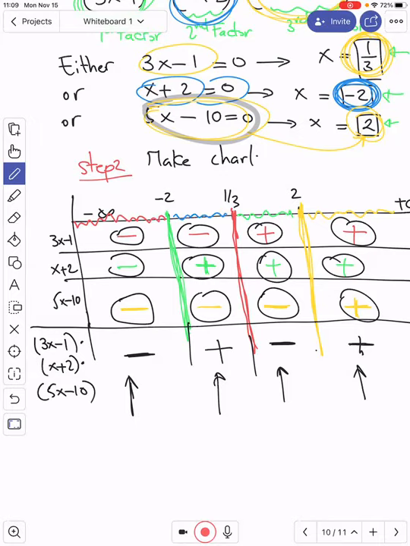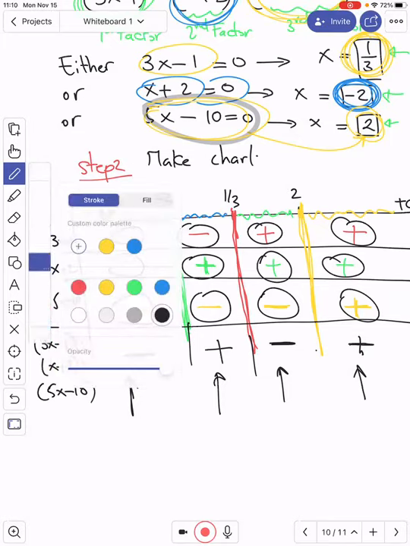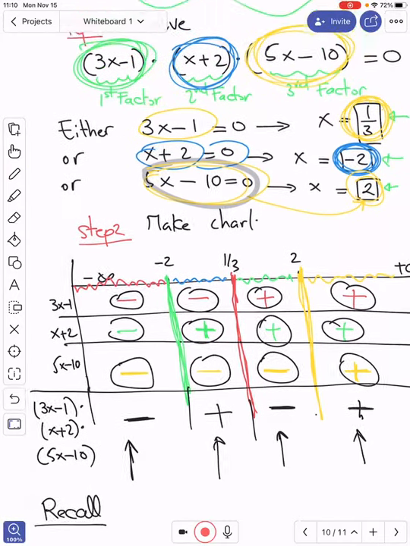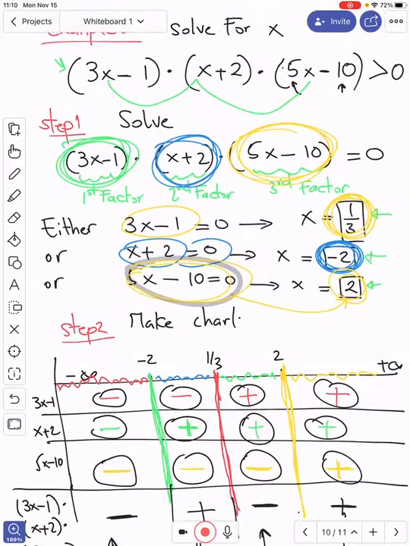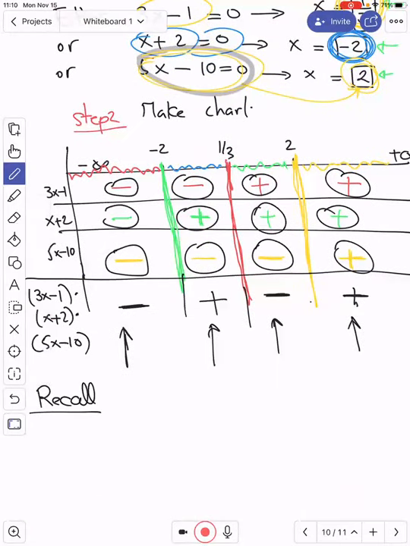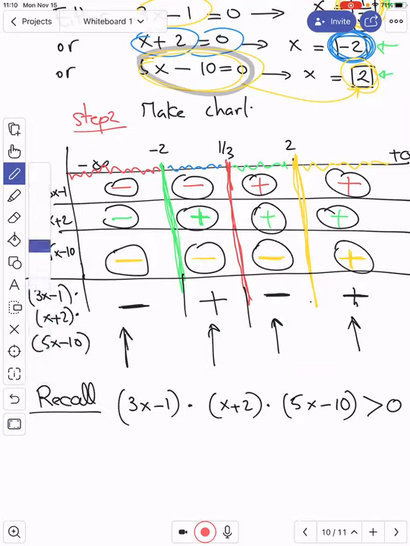Right? And then, just to remind you, what was the inequality? The inequality was that the whole thing is strictly larger than 0. What we had to solve is x minus 1 times x plus 2 times 5x minus 10 larger than 0, strictly larger than 0.